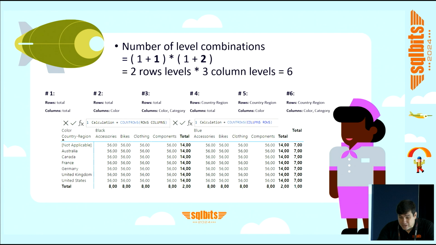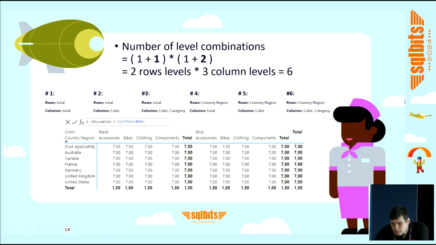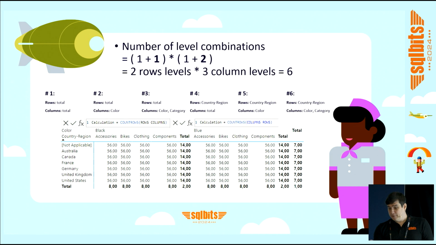You can see here that every combination that we highlighted in the previous slides, the numbers are here: 56 for the highest granularity, 7 for the totals of the rows, and 14 for the totals per color.